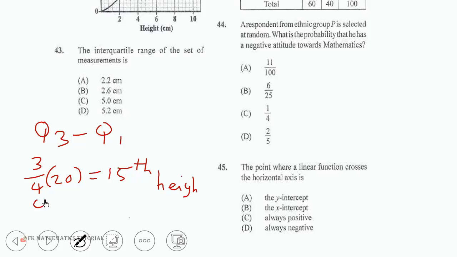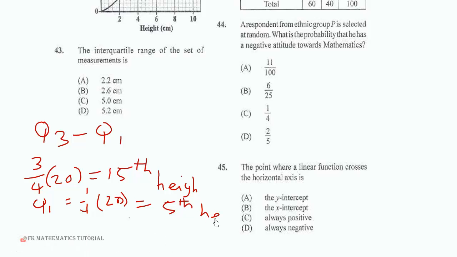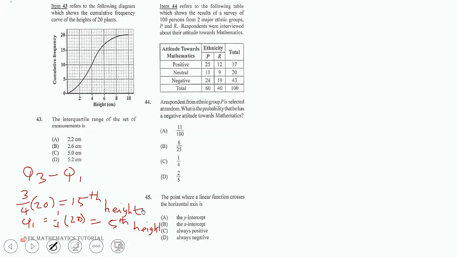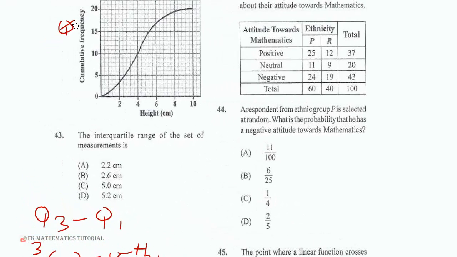And the first quartile corresponds to 1/4 of 20, which is the fifth height. So Q3 corresponds to the 15th height and Q1 to the fifth height.